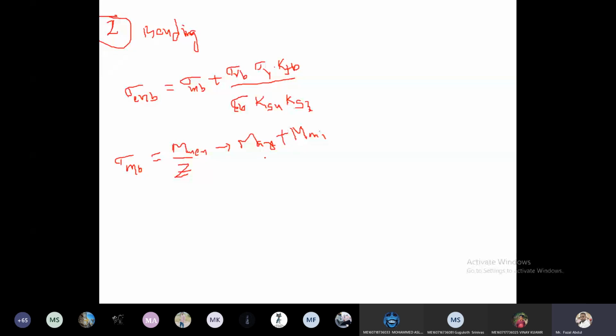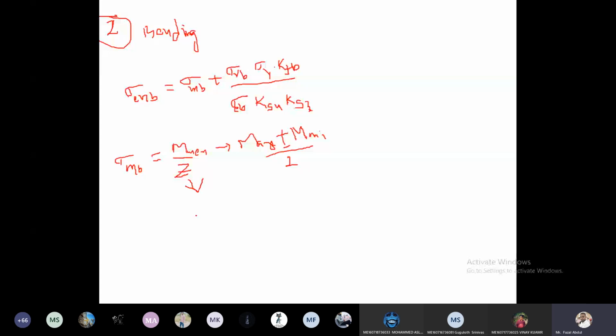Now what is the section modulus for this given figure? The question mentions the cantilever beam has a circular cross section.